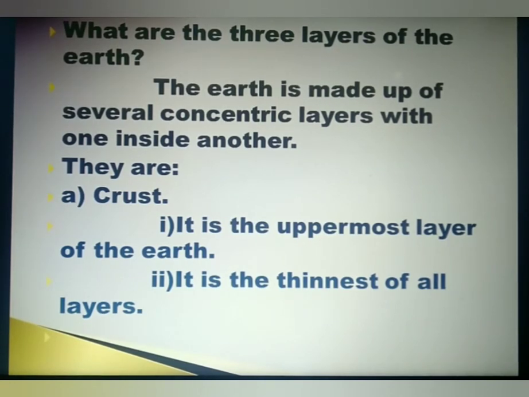Next question, what are the three layers of the Earth? Answer, the Earth is made up of several concentric layers with one inside another. They are A. Crust. First point, it is the uppermost layer of the Earth.